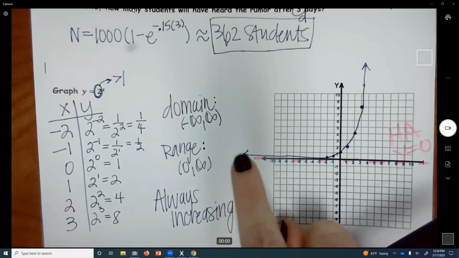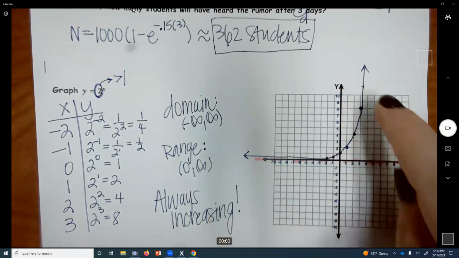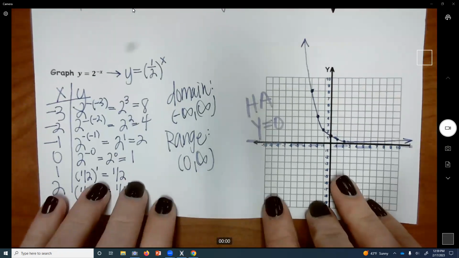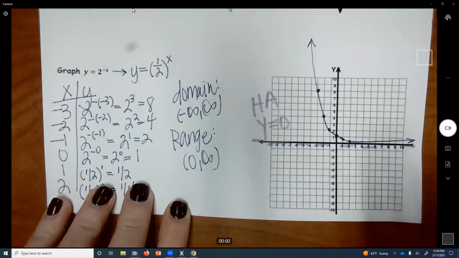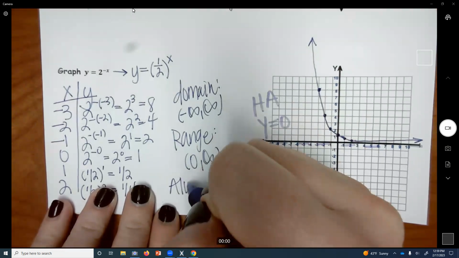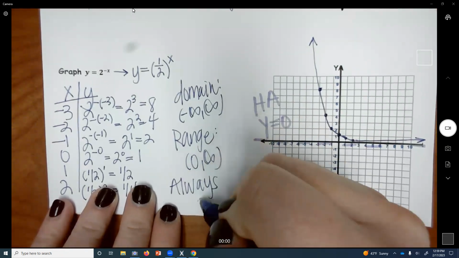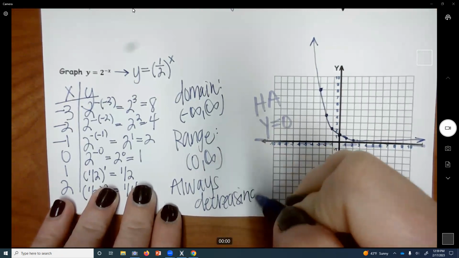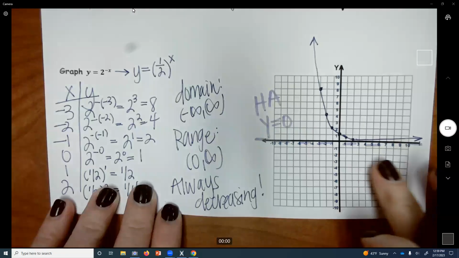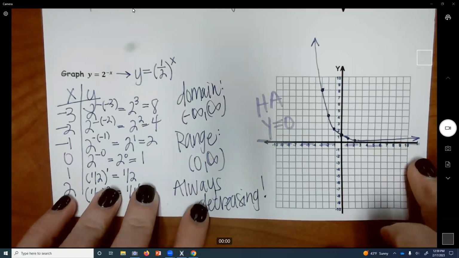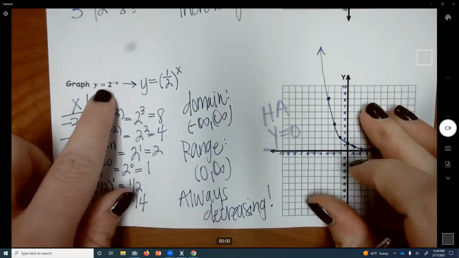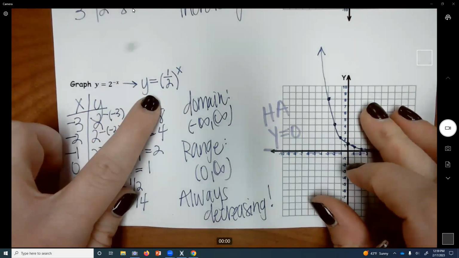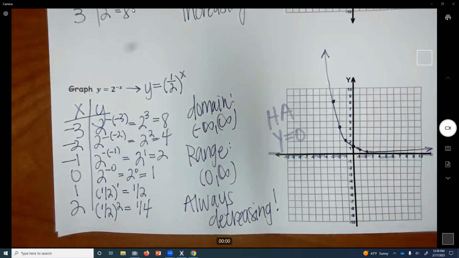Now this one, as you were going from left to right, was always increasing, it's always getting bigger. This one here, as you go from left to right, is always decreasing. So that is the difference between the two. And so you can tell when it looks like this and when it is always decreasing. This is really not in standard form. It's this right here. You want a positive exponent.